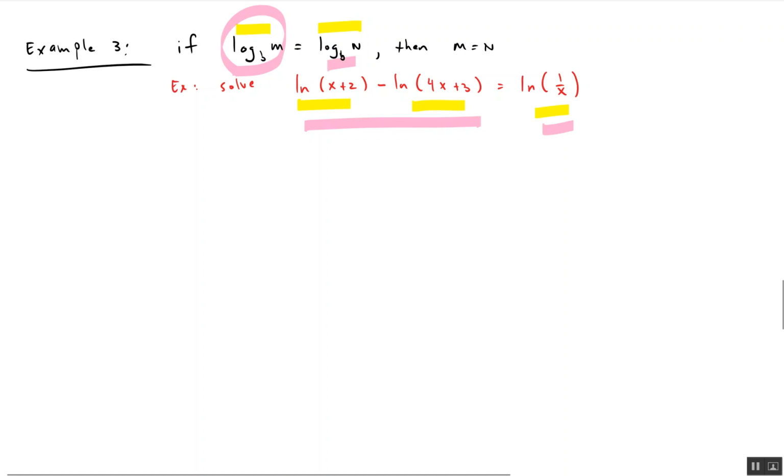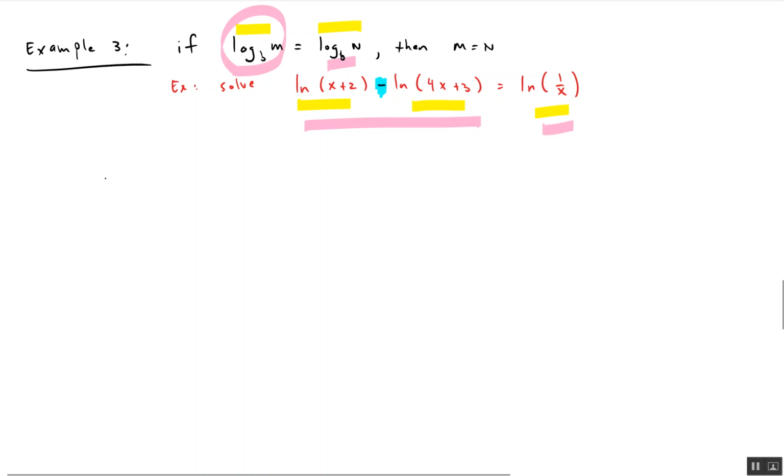But we need to rewrite our left side. We remember from our properties of logarithms that if we have a log minus a log, we can condense those to be one single log. So let's actually do that.